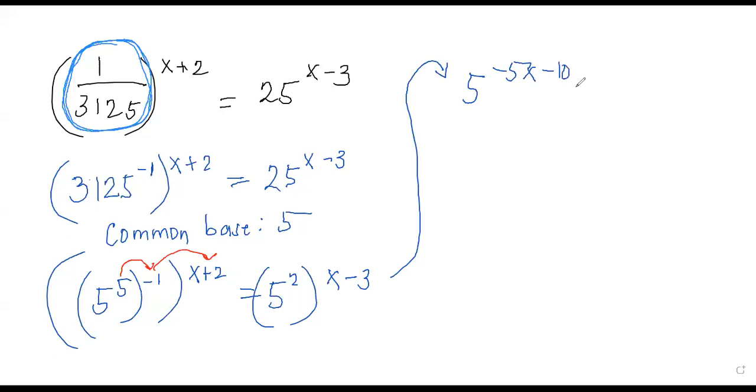Tama? Nakuha ba, class? Ipag-multiply natin itong tatlo, kasi based dun sa law natin, mga exponents yan. And then, ganun din dito, i-multiply itong dalawa. So, we have 5 raised to 2x minus 6.